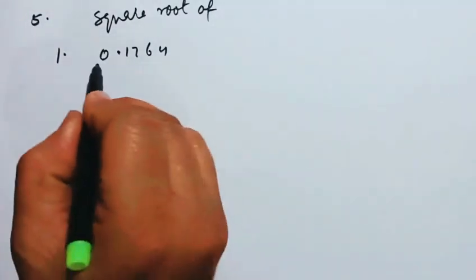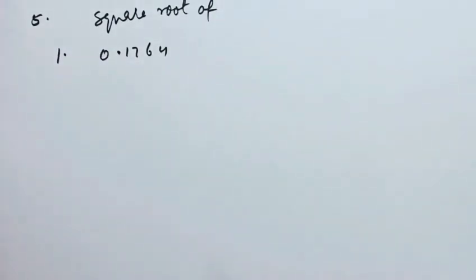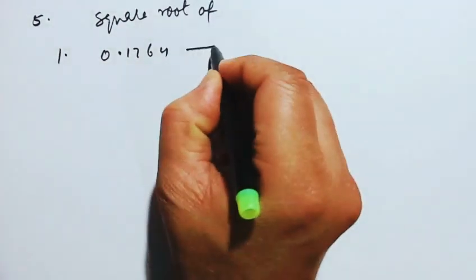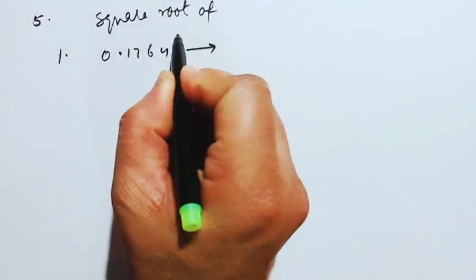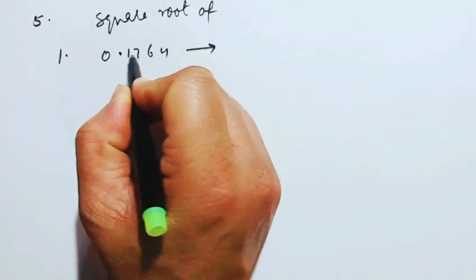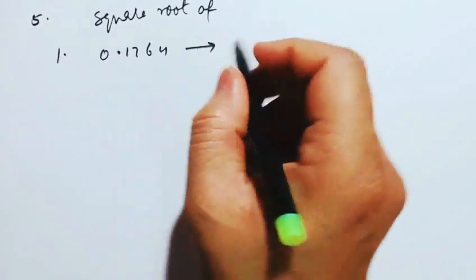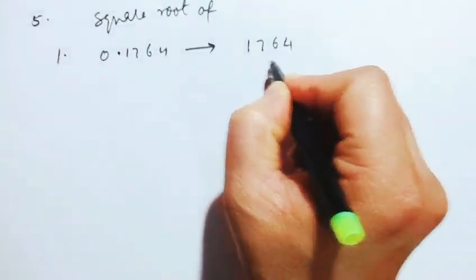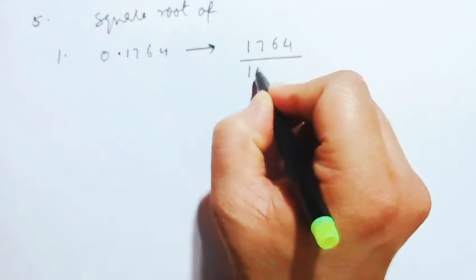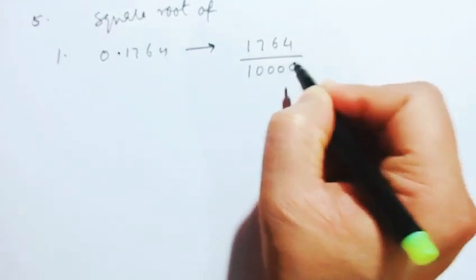When they have given you a decimal number, the priority should be to remove this decimal first. So let us remove this decimal first. When we remove this decimal towards the right hand side, 1 2 3 4, 4 places to the right hand side, 1764. So you will have to divide by 4 zeros, 1 2 3 4.